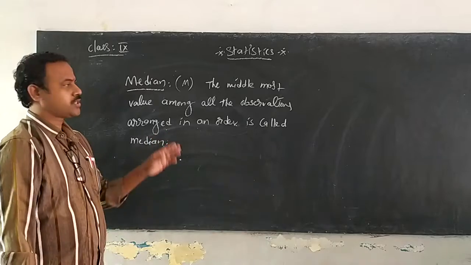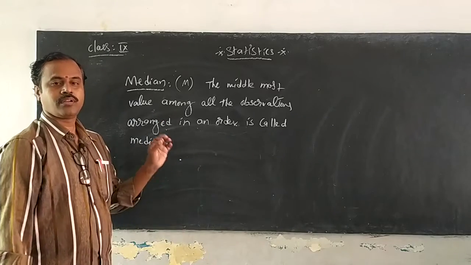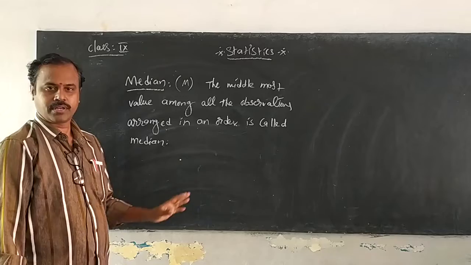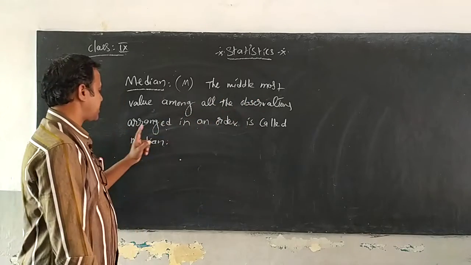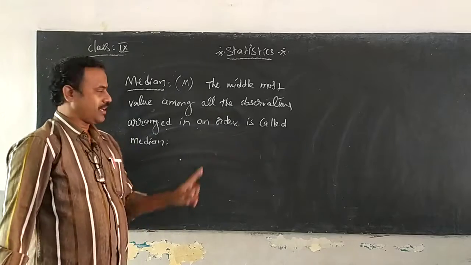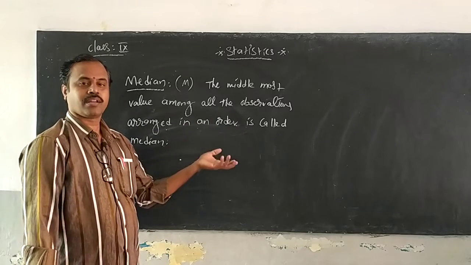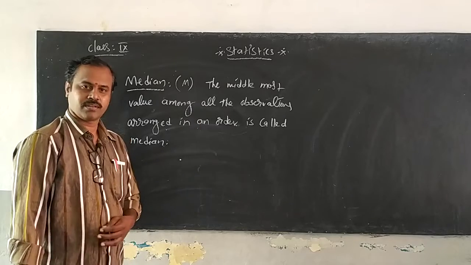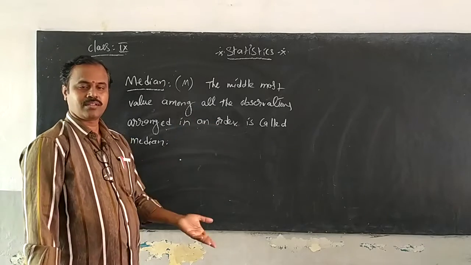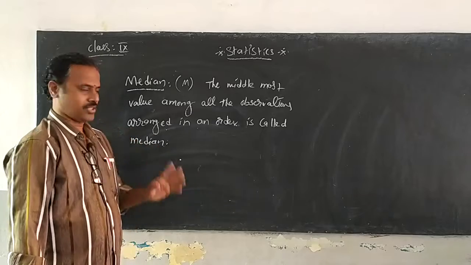This is for raw data, or ungrouped data. In an order means it must be arranged either in ascending order or in descending order. Is it clear?